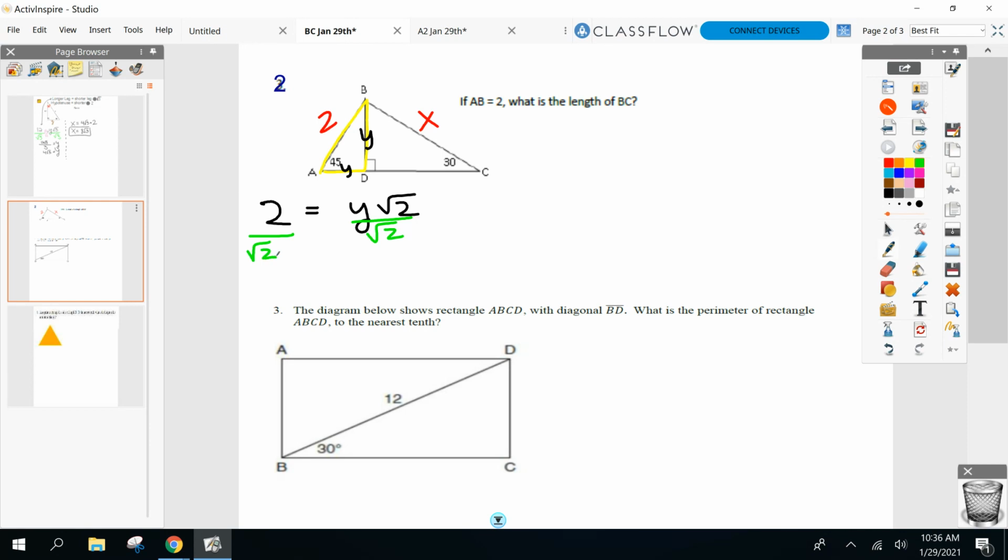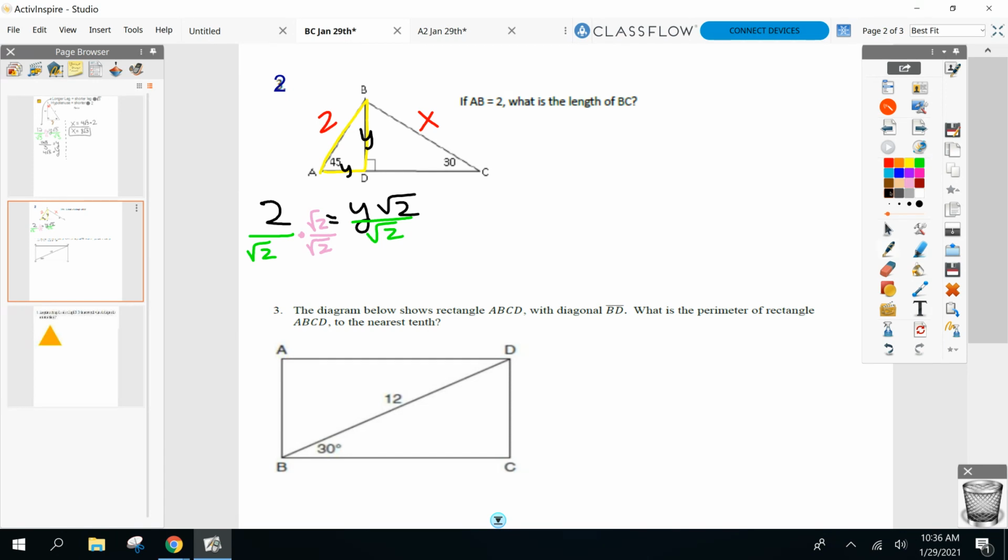I can't have a radical in the denominator, so I'll still go slow. To get the radical out of the denominator, I multiply top and bottom by that radical. Basically, I'm just still multiplying by 1.